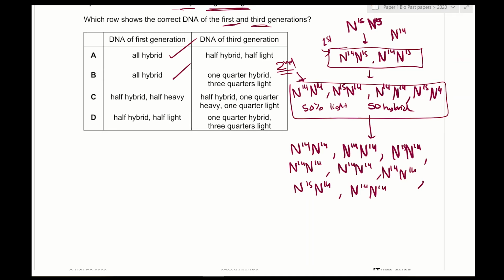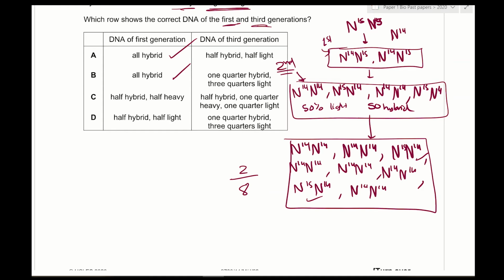Now what we have here is a total of 8. So here we could see that we have 2 out of 8, which is this one and this one, hybrid. Therefore, we have 25% hybrid, so quarter hybrid.